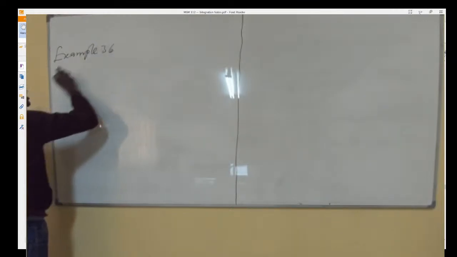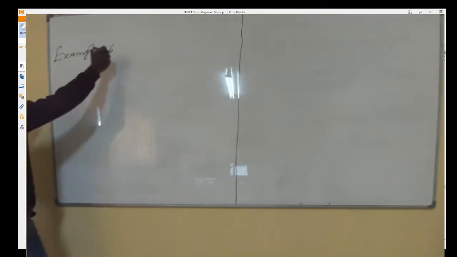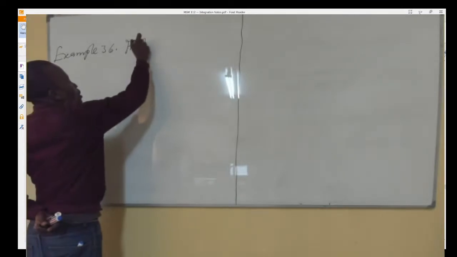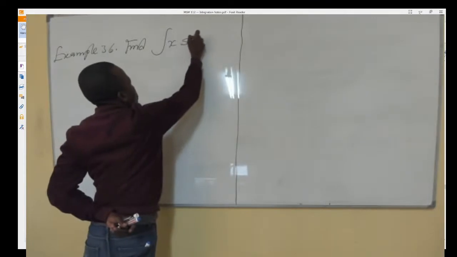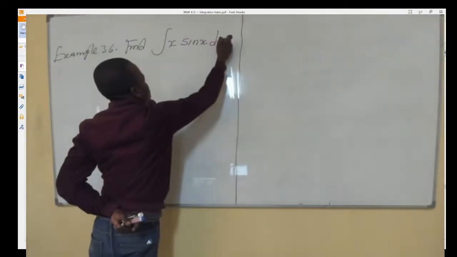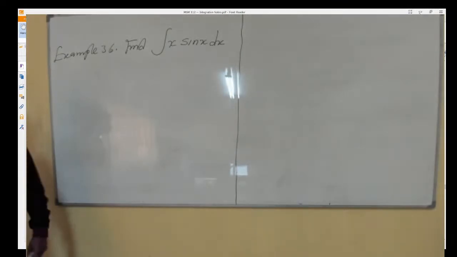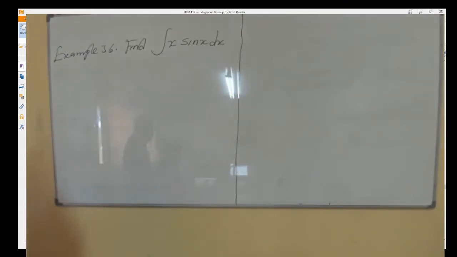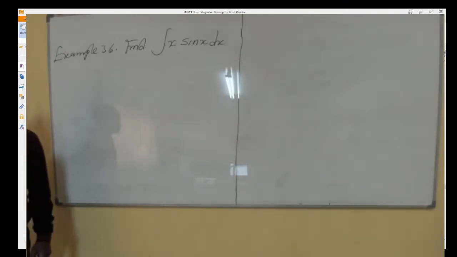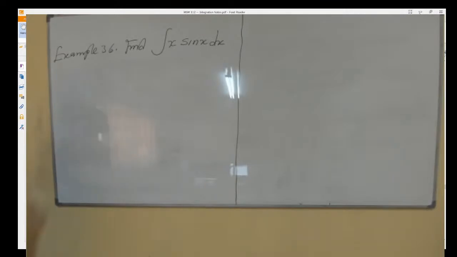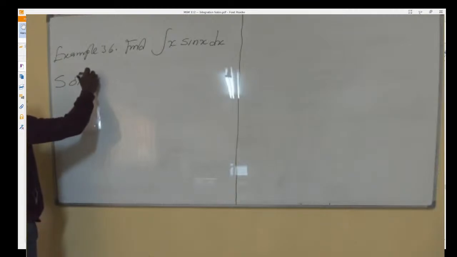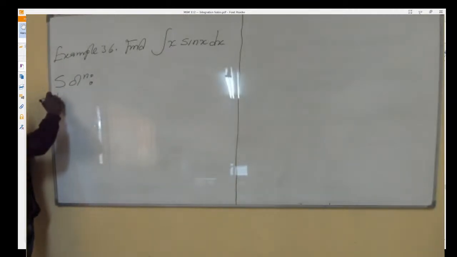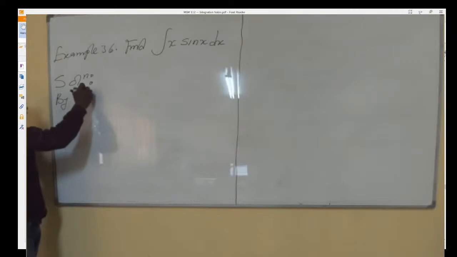Example 36 says: find the integral of x multiplied by sine x dx. So let's look at the solution by LIATE.